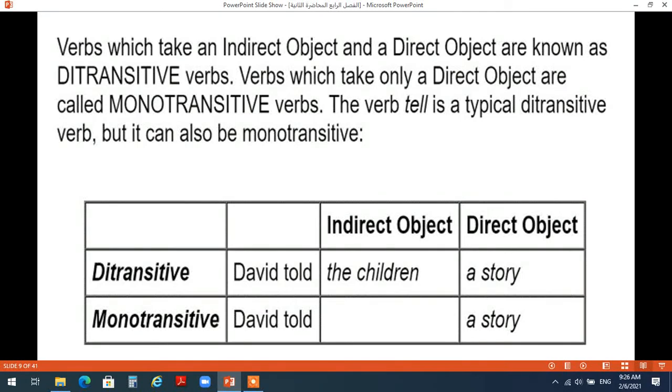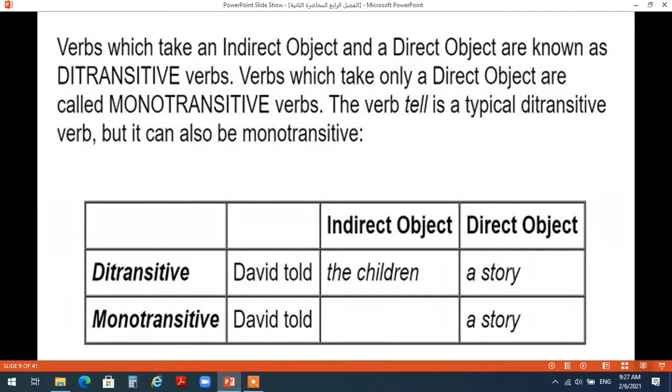So we have to be careful when we analyze the type of verb in a sentence. We have to see whether it has taken two objects. In this case we will call it diatransitive verb, but if it has taken only one object, in this case we will treat it as a monotransitive verb.